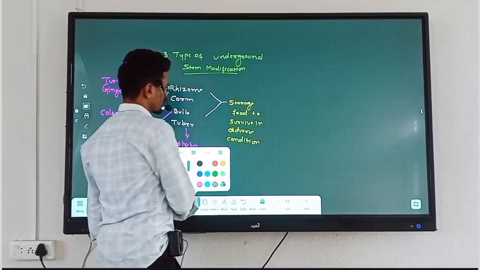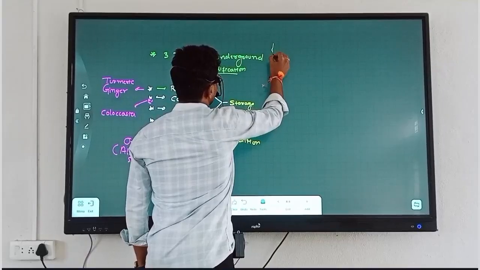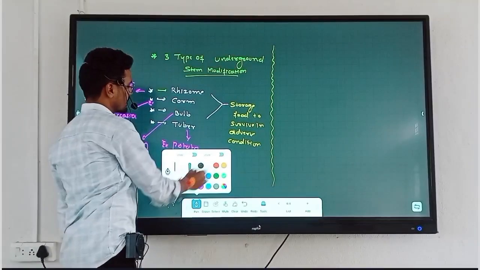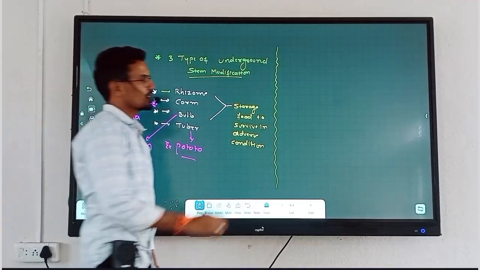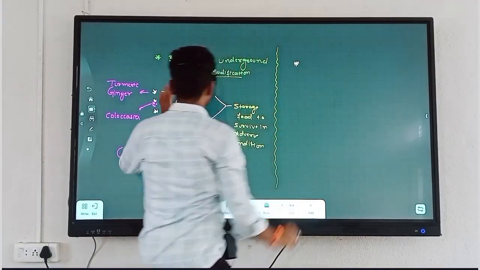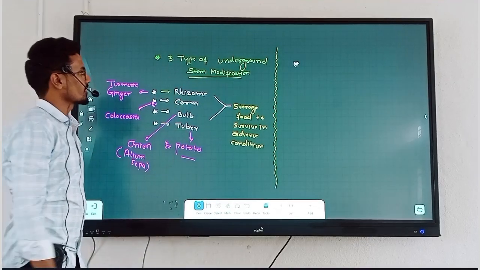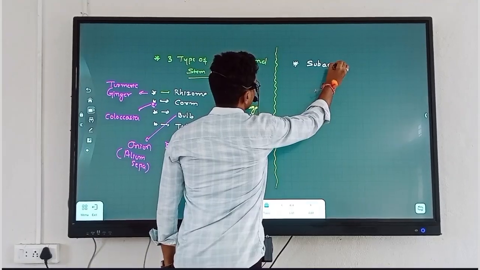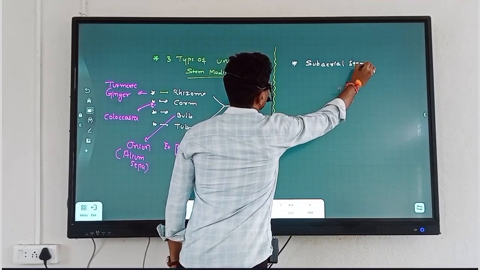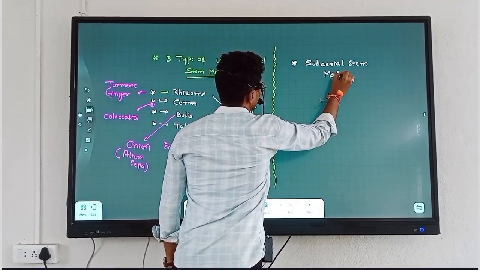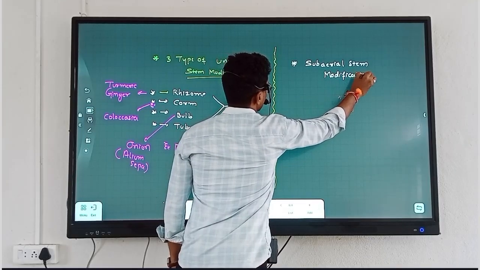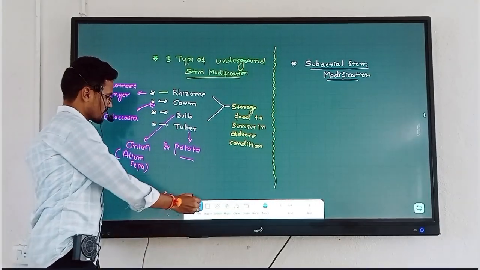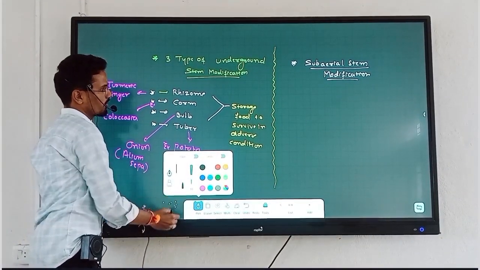There is another type of stem modification, called subaerial stem modification. We have already done underground stem modification. Next one is subaerial stem modification, the second type. In this, there are four types of modifications.